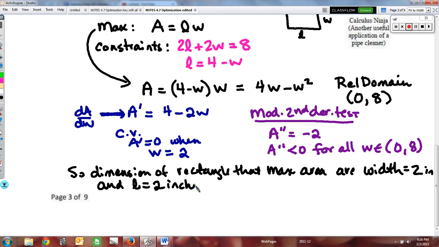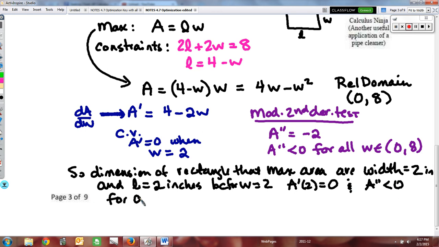And you might be like, I already knew this. That's okay, we're starting with really easy problems. And then because, use our calculus, w equal to 2, A prime of 2 was equal to 0, and so it was a critical value, A double prime is less than 0 for all w in our relevant domain.